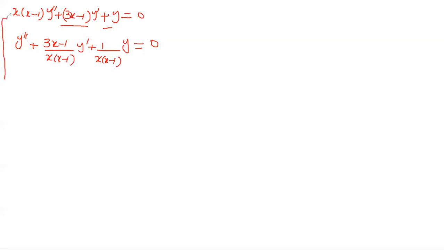Let me write the summation notation for the Frobenius method. For y of x, it is the sum from m is equal to 0 to infinity of am x power m plus r.